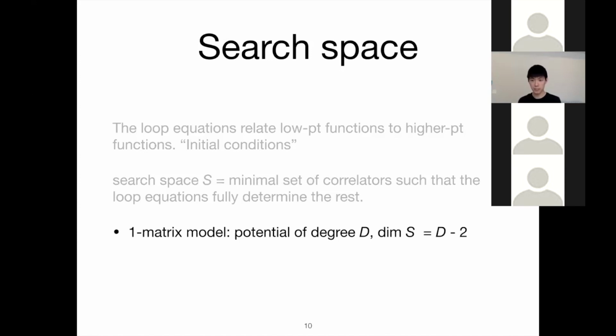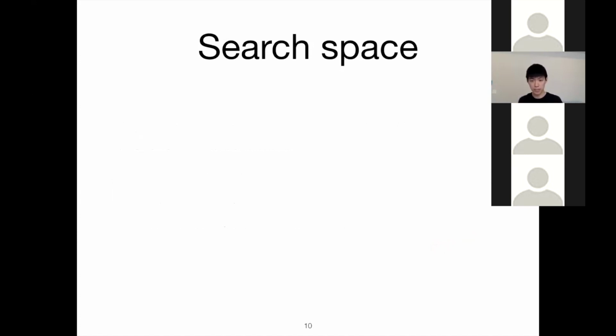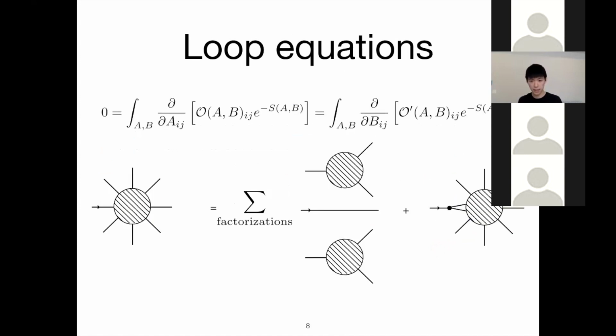I will discuss this a little bit more in a sec, but in the single matrix model case, the dimension of the search space is just determined by the degree of the polynomial which appears in the interaction terms. And you can understand this just by looking at the loop equation that I displayed previously. Essentially, when you have a potential of degree d, you'll be missing some correlation functions in the initial loop equations. So you need to know those first before you determine the rest of them.